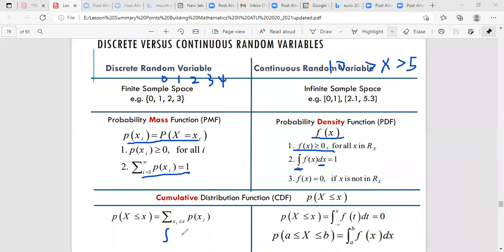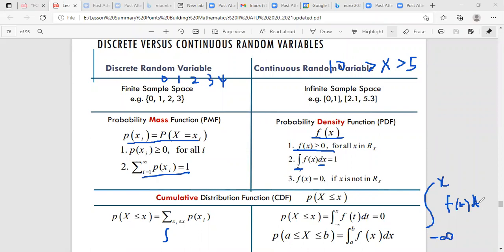Because we are summing up to a given point x, we integrate from the lower bound, which is negative infinity, to the upper bound, which is what? x, of f of t with respect to dt. So we always integrate from the lower bound to the x value to get the CDF.